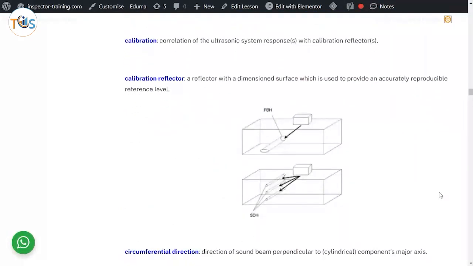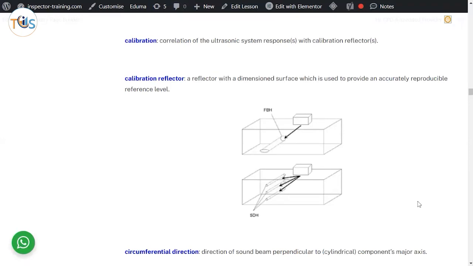Calibration. Now, obviously, every measuring instrument needs to be calibrated, and practically you're comparing the readings with a standard, another instrument or a calibration block. And the best thing is to do it with a calibration block.